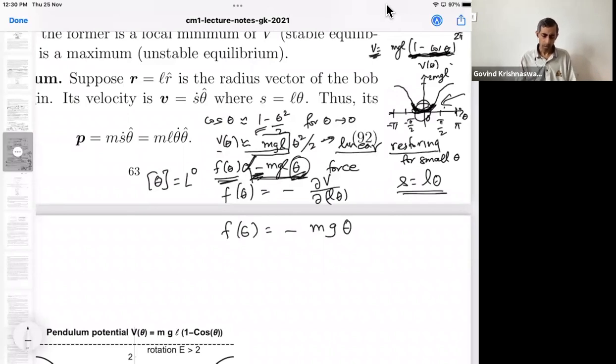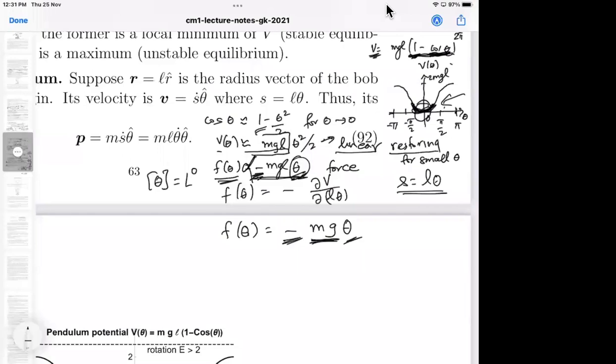Now this one does have dimensions of a force. Mass times acceleration is a force. It is linear and it is restoring. So this might have been a slightly better definition. Is that better, at least dimension wise? Yes, sir. Okay.